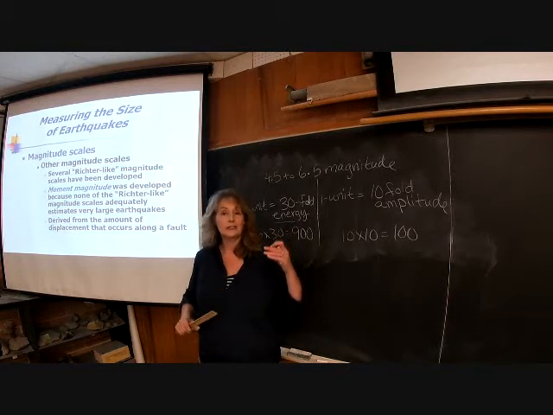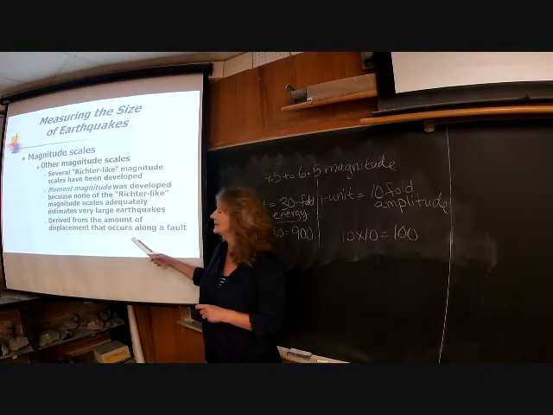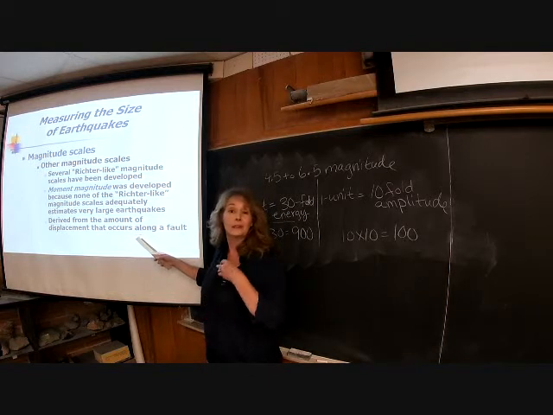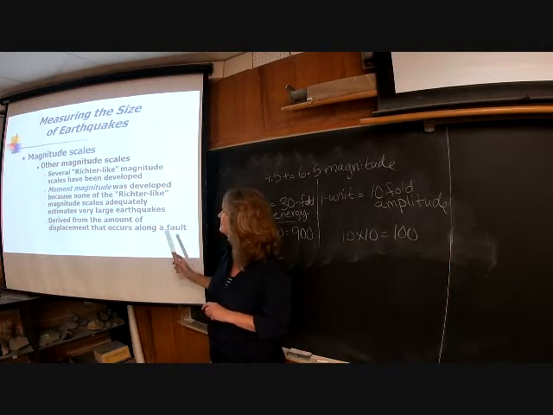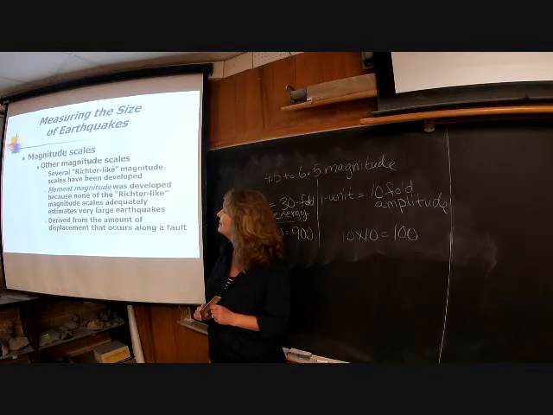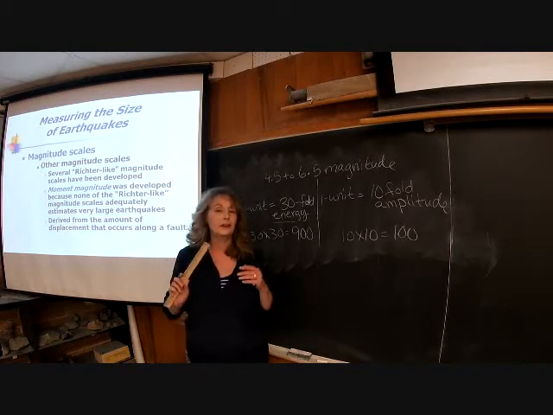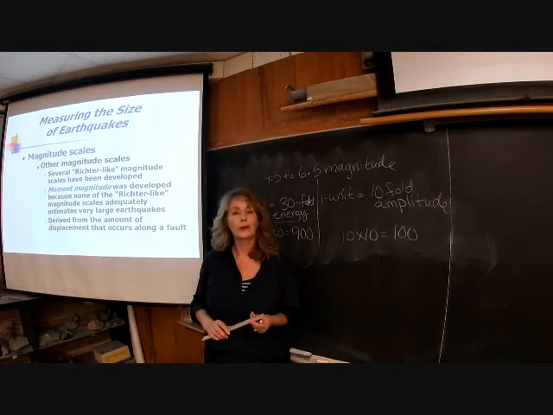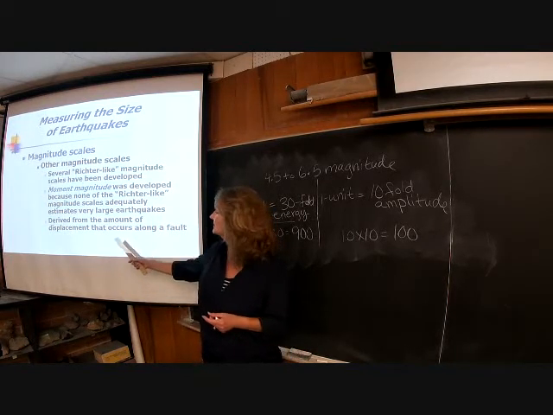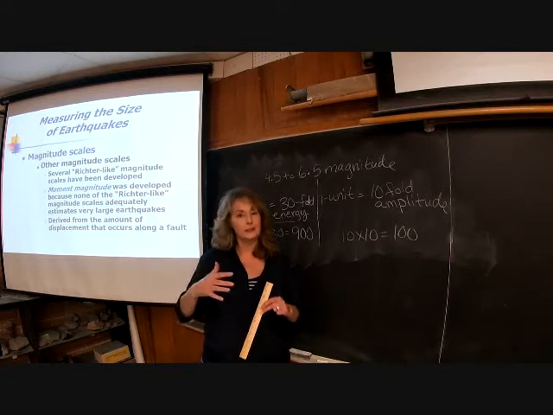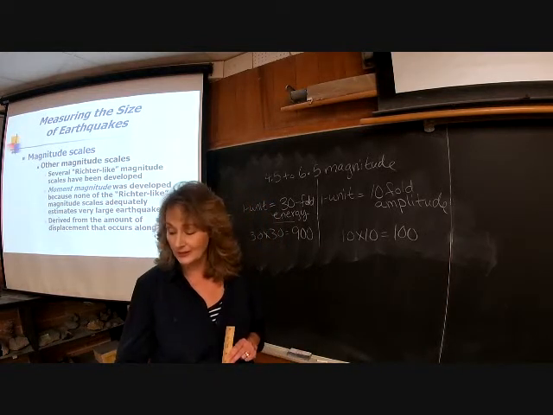So how far did the Earth's crust actually slip? None of those really adequately estimated the very, very large earthquakes. And so this moment magnitude is looking more at how much displacement there was.